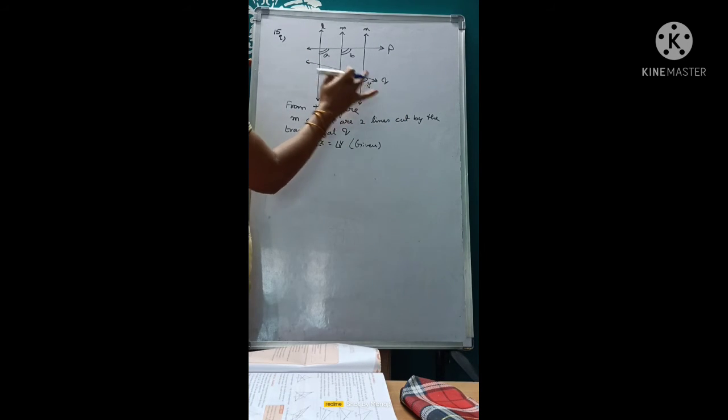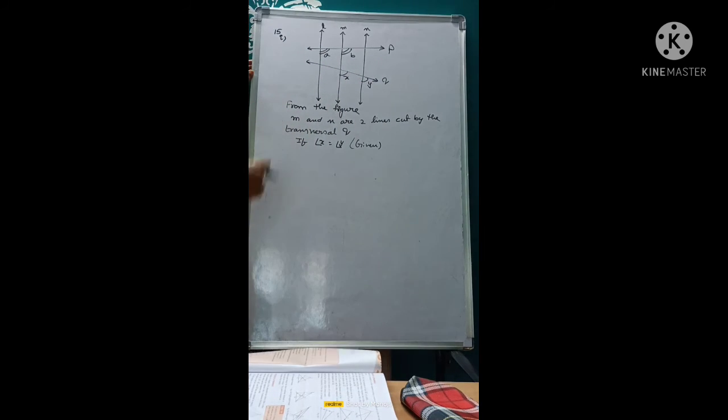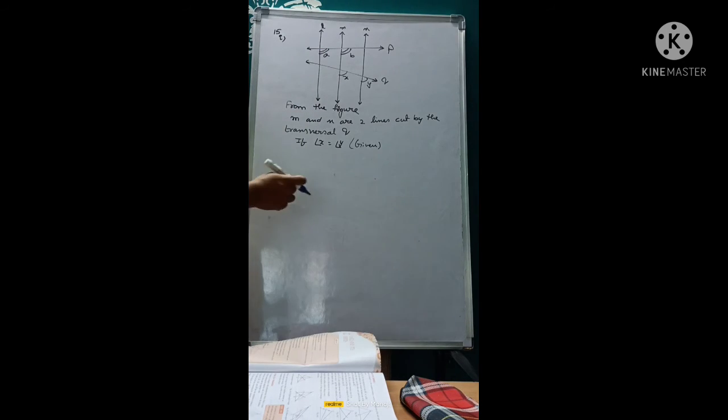One is an interior angle and another is an exterior angle, but on the same side of the transversal. So what type of angles are these? Corresponding angles.